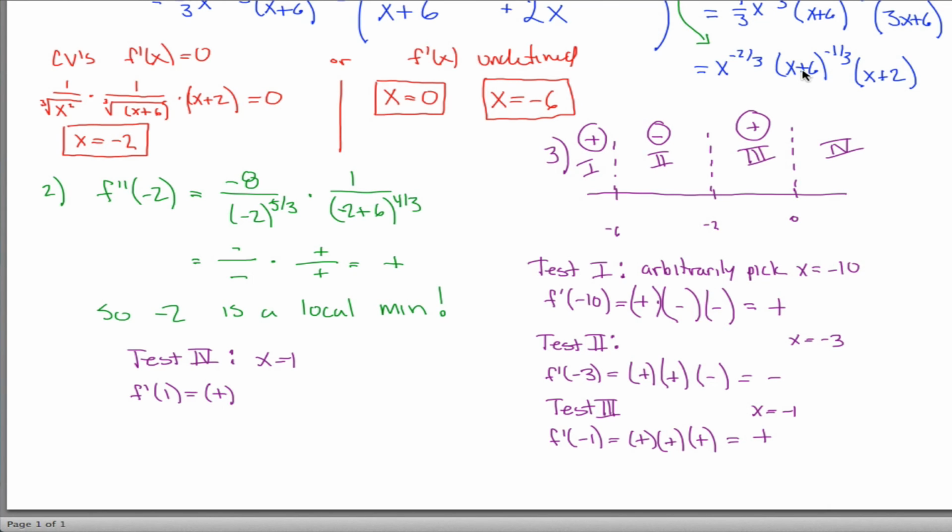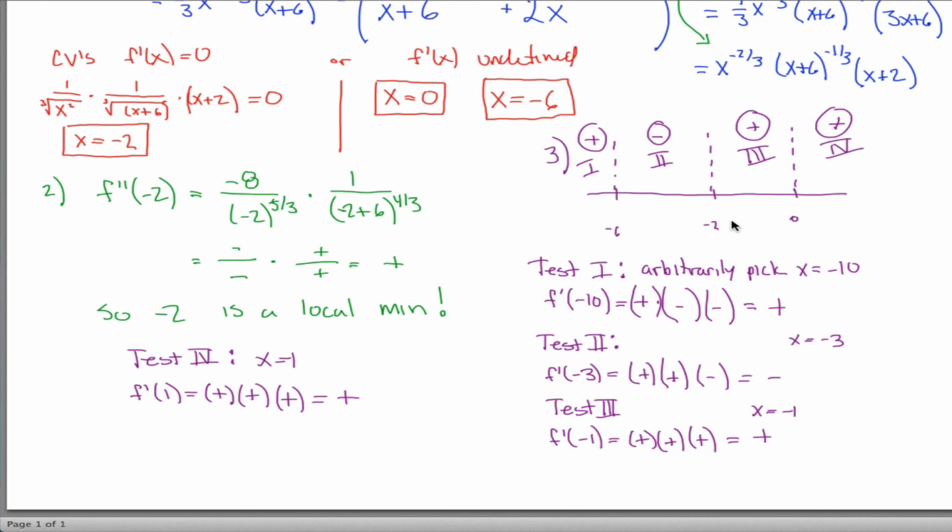This second thing, 1 plus 6 to the -1/3 power. 1 plus 6 is 7. 7 is positive. A positive number raised up to any exponent is positive. What about this third one? 1 plus 2 is 3. 3 is a positive number. Positive times a positive times a positive is positive. Turns out that in region 4, the first derivative is positive as well.